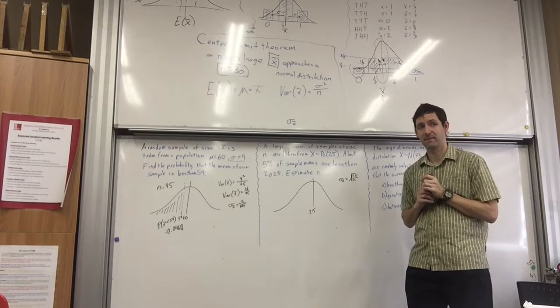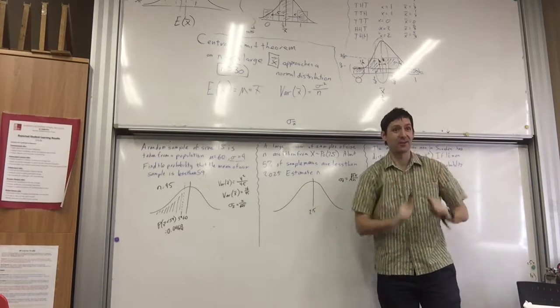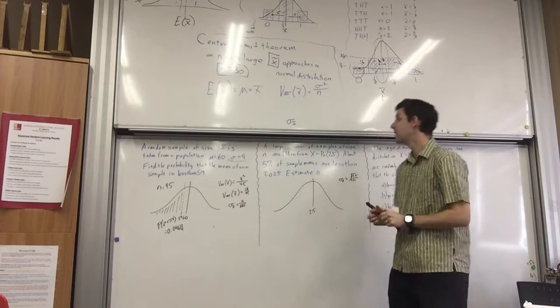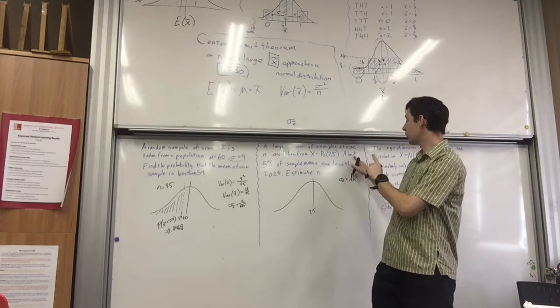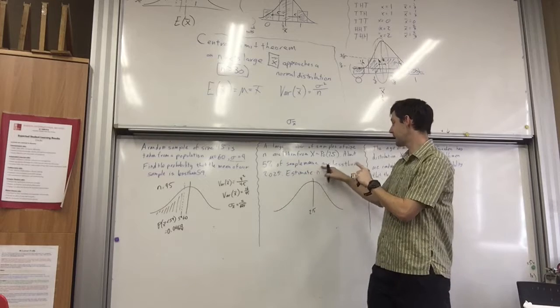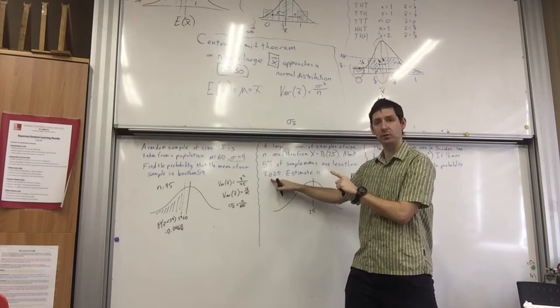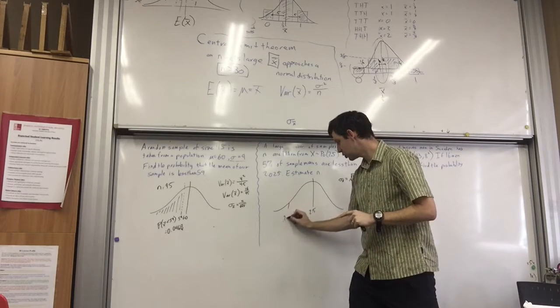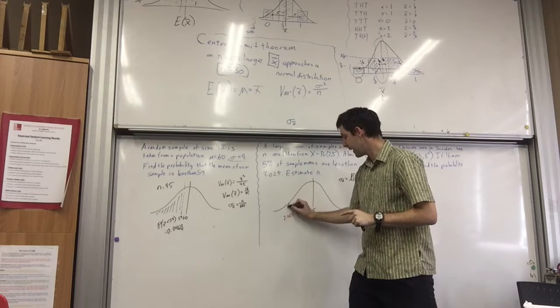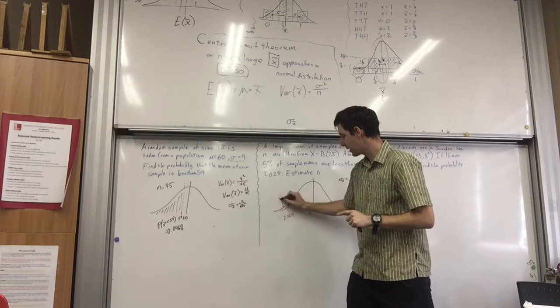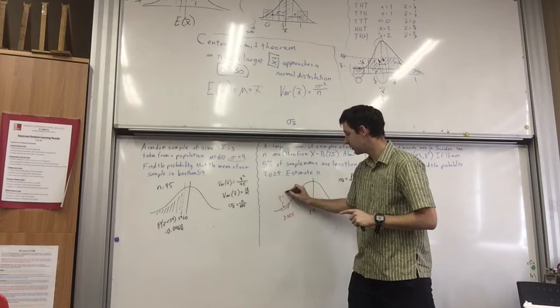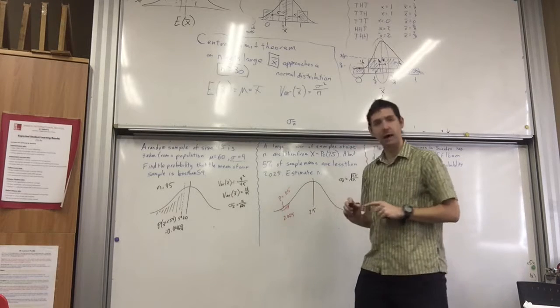How can I find the variance? Using inverse norm of the z-score. Okay, because they told me that 5% of the sample means are less than 2.025. So that's down here, 2.025, and it's saying that this right here has a probability of 0.05.